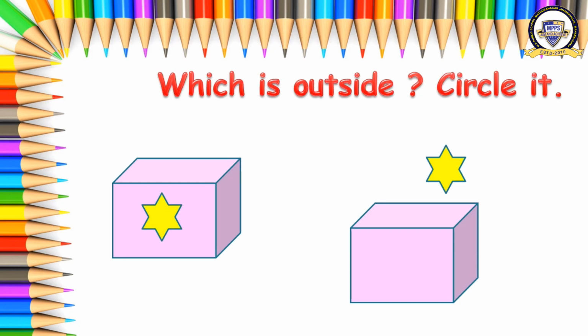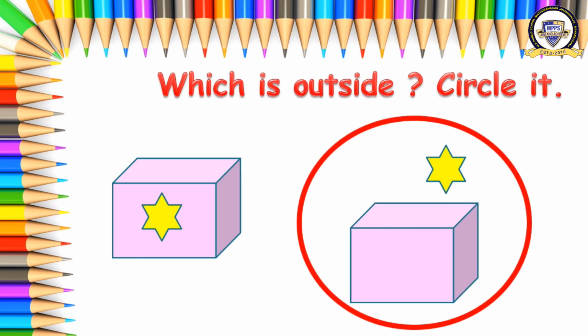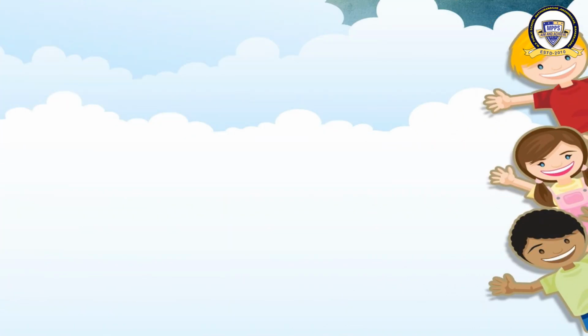Good. First one is inside and second one is outside. Well done. A great job. So what is our answer? Where to put the circle? First or second? Wow, what an answer. Second one, you are correct. Second one is outside. So, shall we continue?